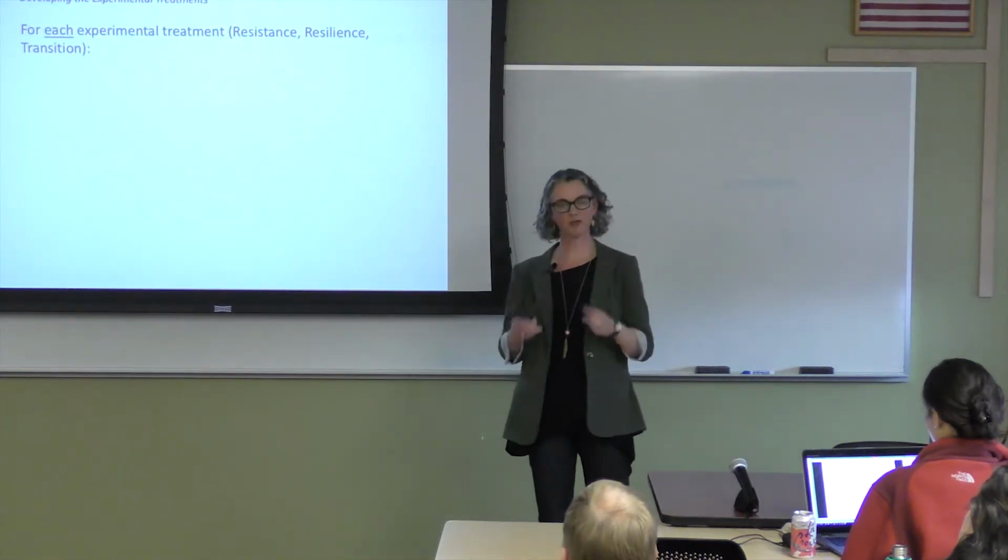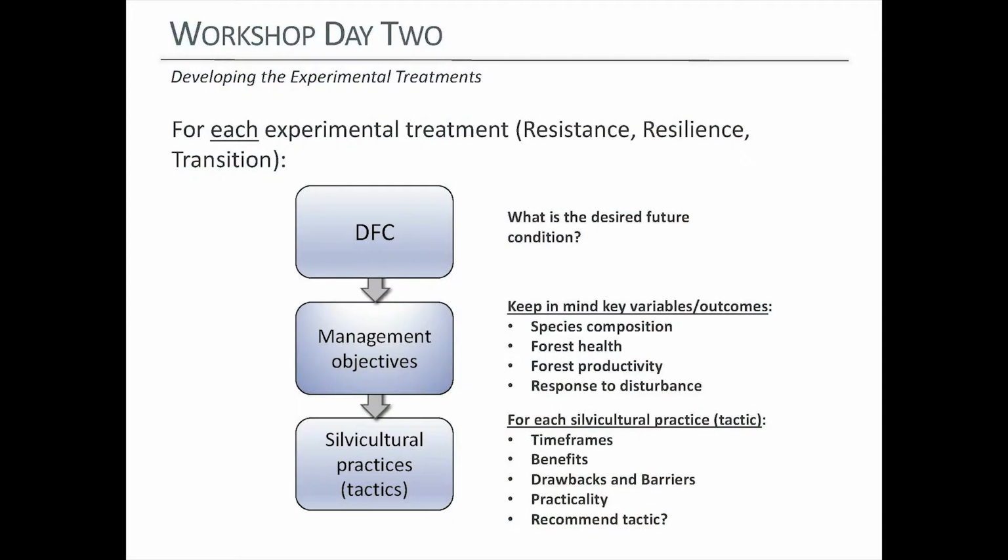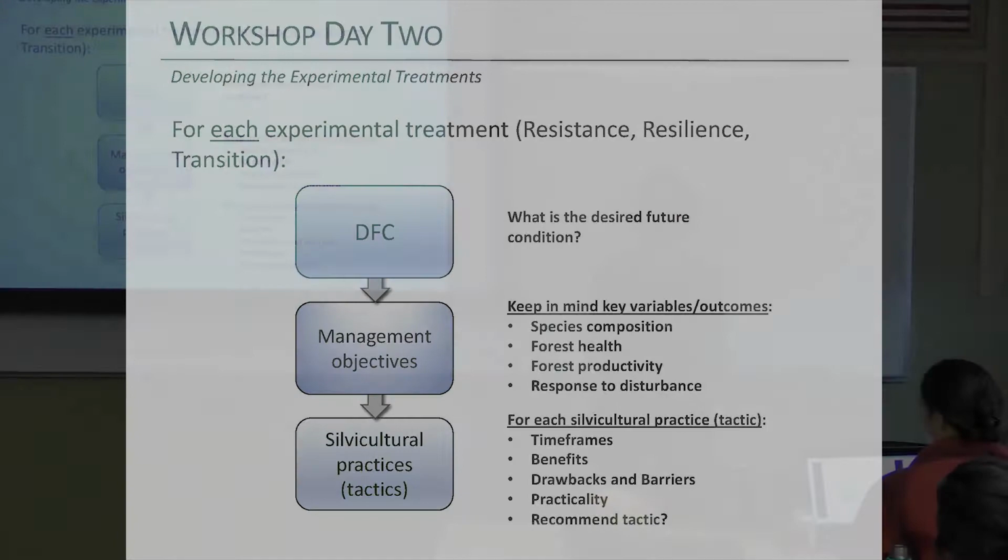So back in the office, for each experimental treatment, we defined what a desired future condition would look like. Then we developed a set of management objectives that would fit that DFC for that treatment type. And then we came up with the silvicultural practices to meet that.